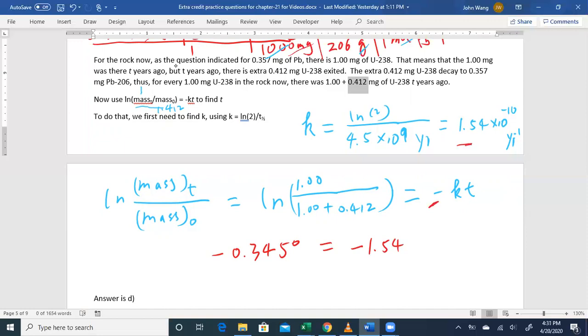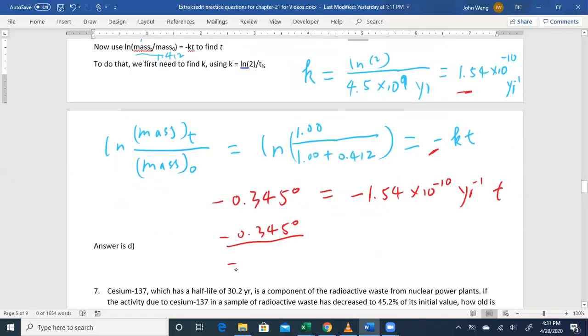And then we have this K, then times T. We're solving this equation for T: negative 0.3450 divided by negative 1.54 times 10 to the negative 10 year to the negative 1.